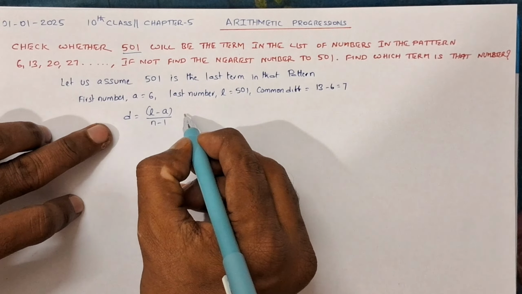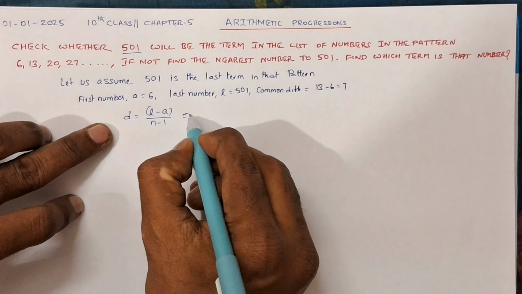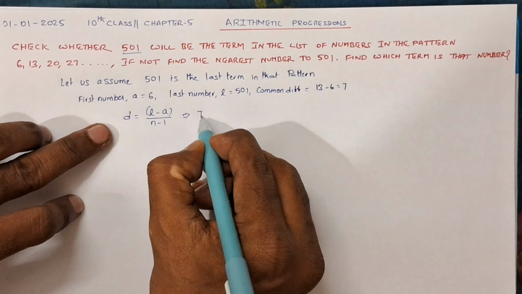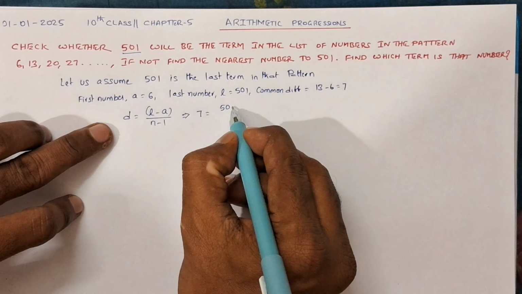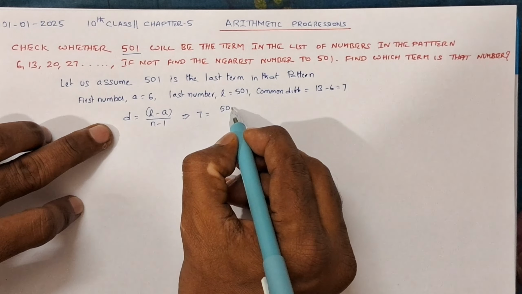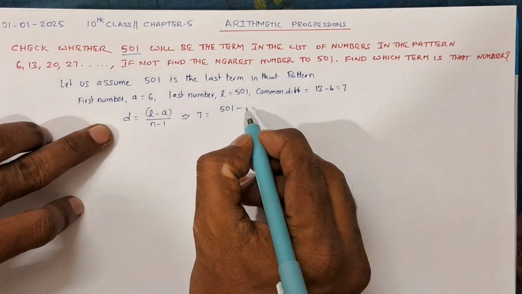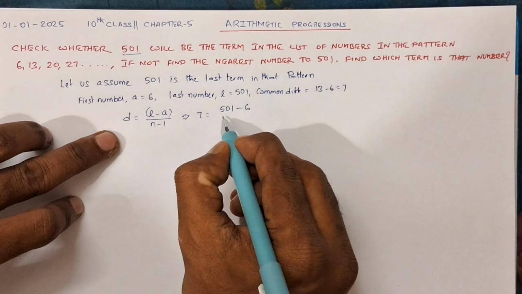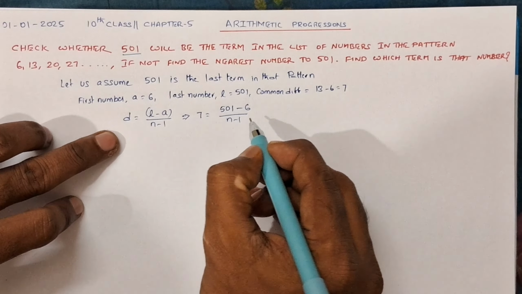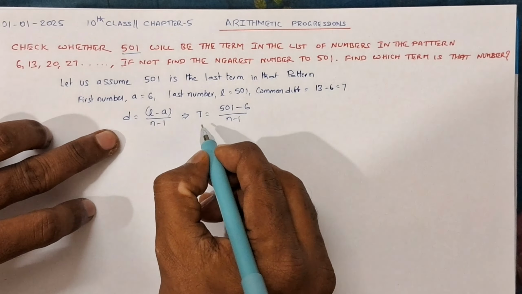Here D, we know that it is 7, is equal to L, we are assuming L is 501, minus A, the first term, that is 6, divided by n minus 1.